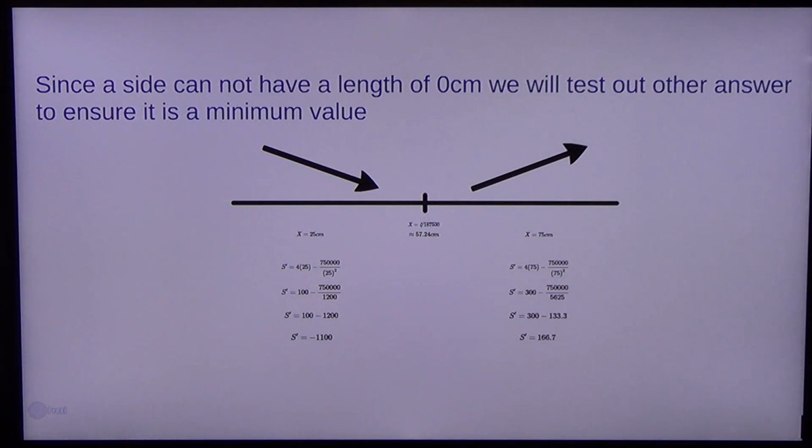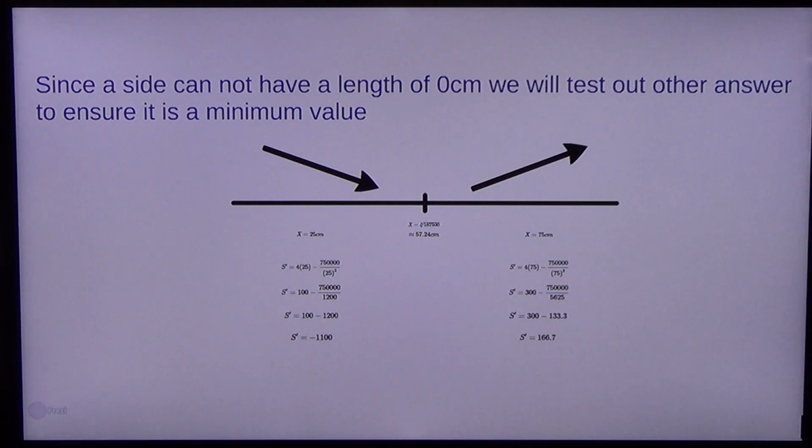So on the left side, working through that equation, putting it back into our derived formula, we get a negative 1100. Since that's a negative number, we went ahead and put the downsloped arrow to signify that the curve would be going downward. On the other side, using the 75 centimeters, we actually get an answer of 166.7.